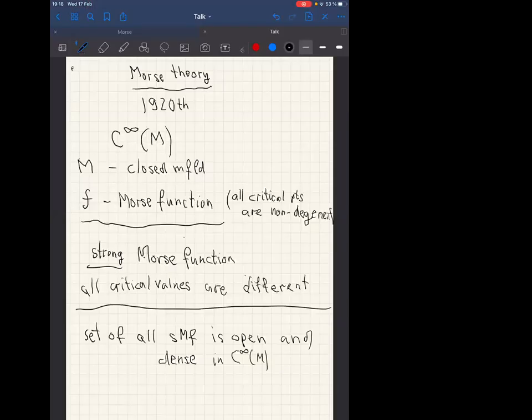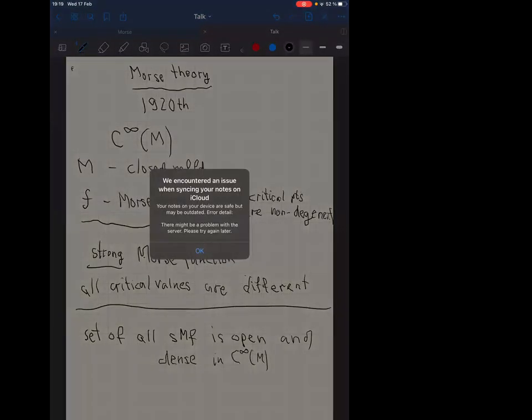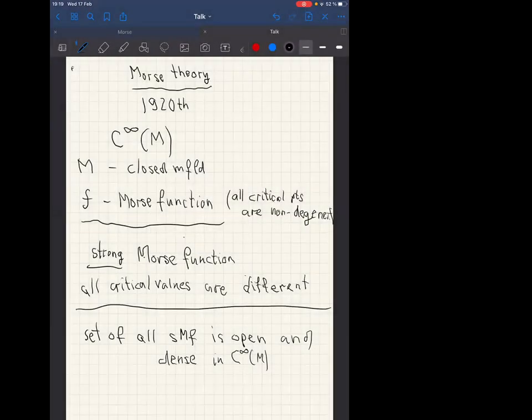Okay, so I will speak on the following classical situation. We have a closed manifold, say compact without boundary, and we will consider a Morse function on it. It's a function with all non-degenerate critical points.